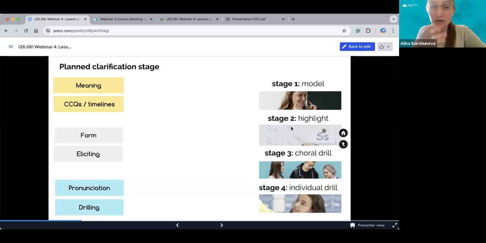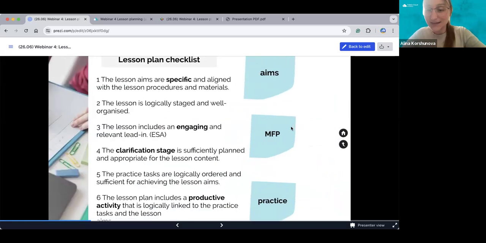And then you ask them to drill chorally, so they repeat all together, so they gain some confidence. And only after that you ask separate students to repeat. So maybe in this way it will help you to incorporate drilling into your lessons with teenagers or adult learners. So just think about that.